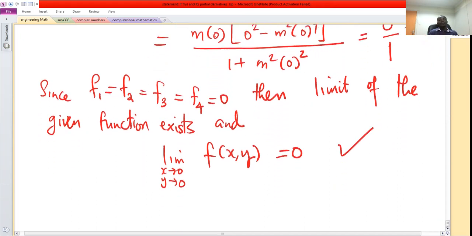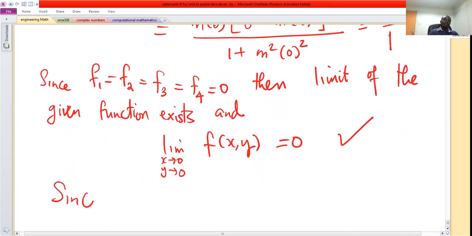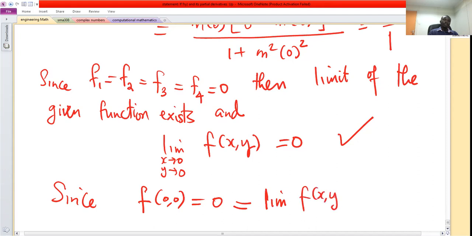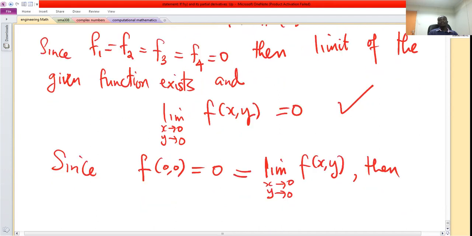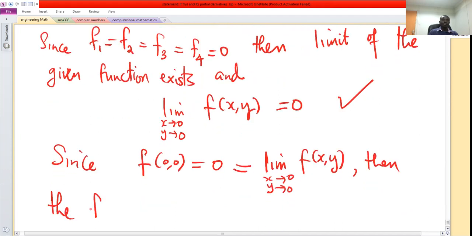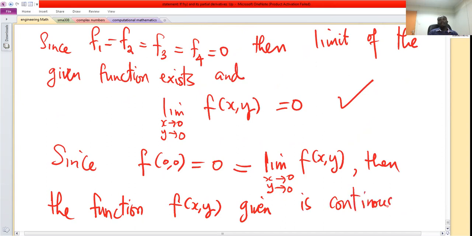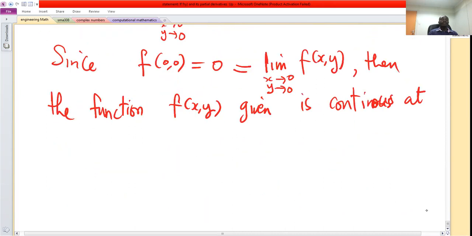And then we conclude, since f of (0, 0) equals 0, and this is the same as the limit of the function as x approaches 0, y approaches 0, then the given function f of x, y is continuous at the point (0, 0).